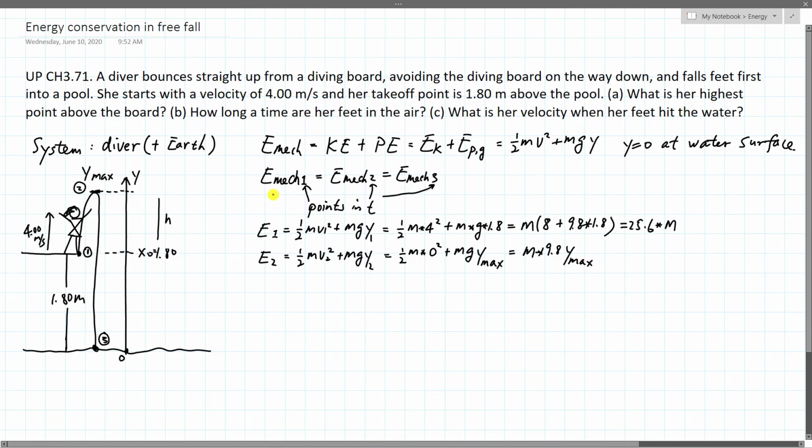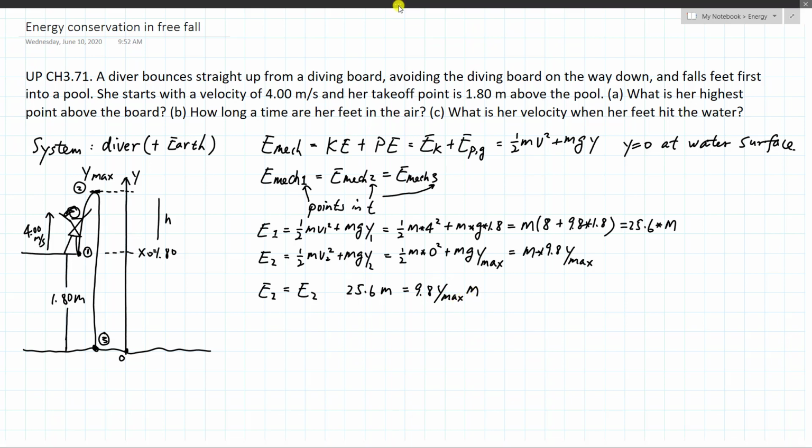And according to my equations, E1 and E2 are equal. E1 is 25.6m, and E2 is 9.8 y max m.